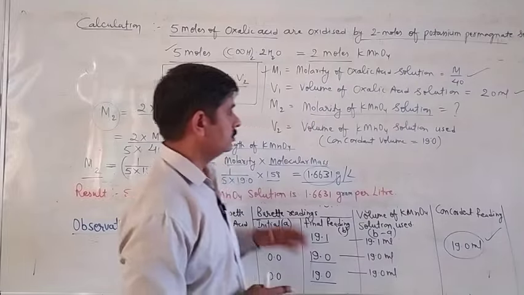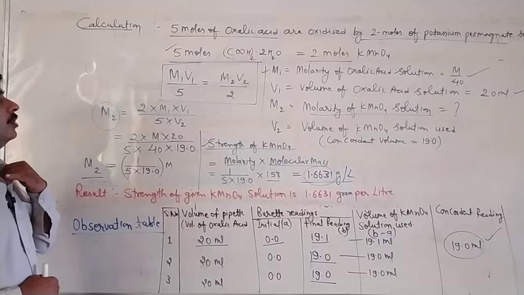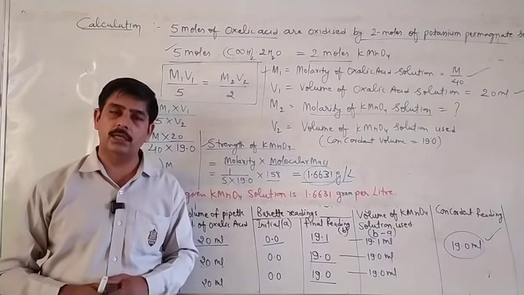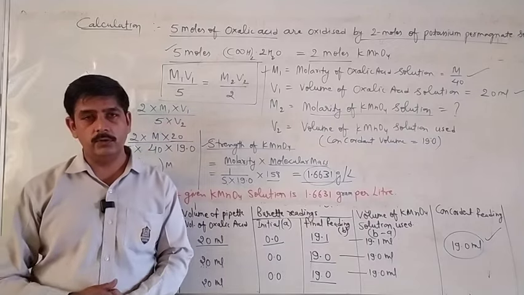That was our aim, and now we have calculated it. So this was your practical of titration between oxalic acid and KMnO4. And we will see the next practical in the next video.